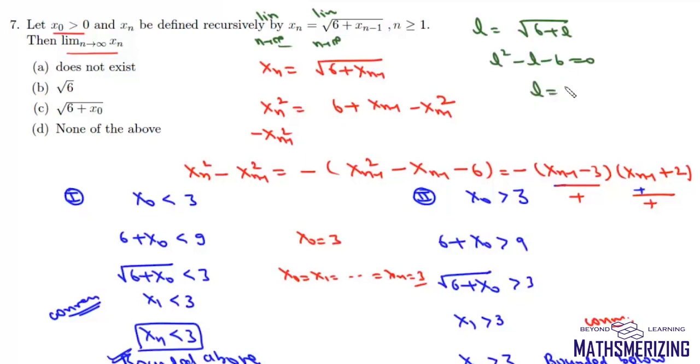That is, the value of L is either 3 or minus 2. Now since this sequence contains positive terms, its limit cannot be negative. So for this sequence, the value of this limit is simply 3. So this limit, n tends to infinity, xn will be 3, which is none of the above, option D.